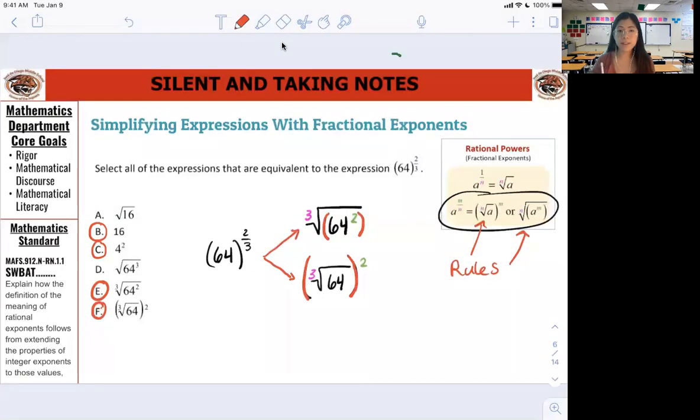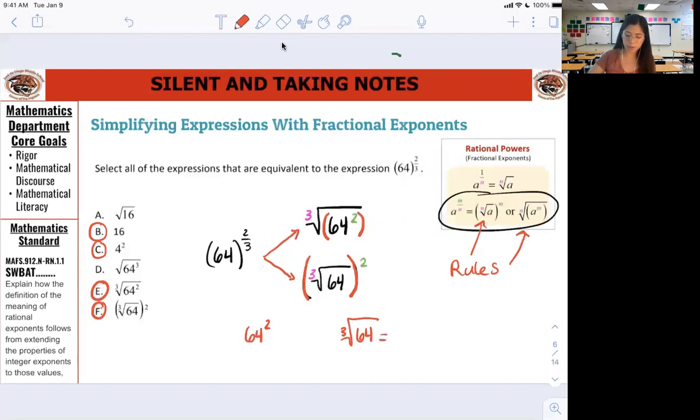One of those things is easier to do than the other. Think to yourself, what is easier? Is it easier to do 64 squared, or is it easier to take the cube root of 64? The cube root, because like I said, that's something you should have memorized. If you don't have it memorized yet, you should have it memorized now.